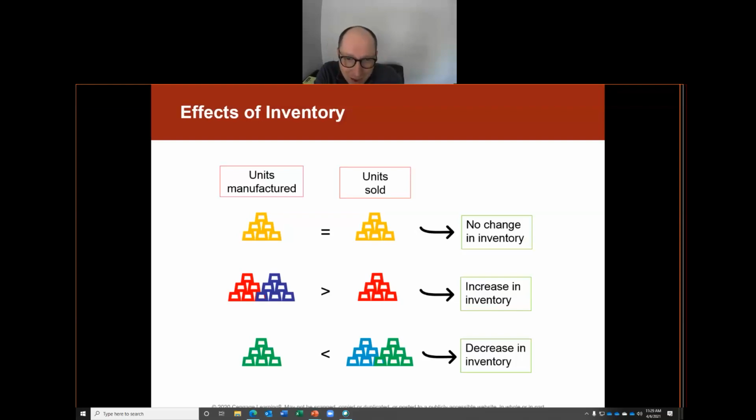If the units manufactured are greater than the units sold, that means we had an increase in inventory. That makes sense. I have more on hand. If the units manufactured are less than the number of units sold, there's a decrease in inventory. It also makes sense. I have less on my shelves if I sold more. Those are the effects on inventory.